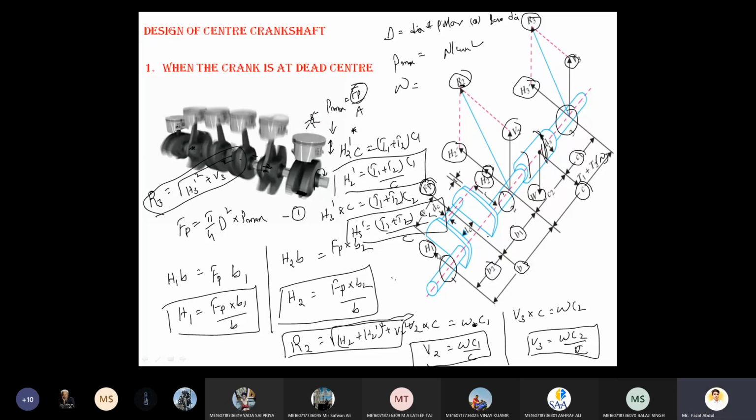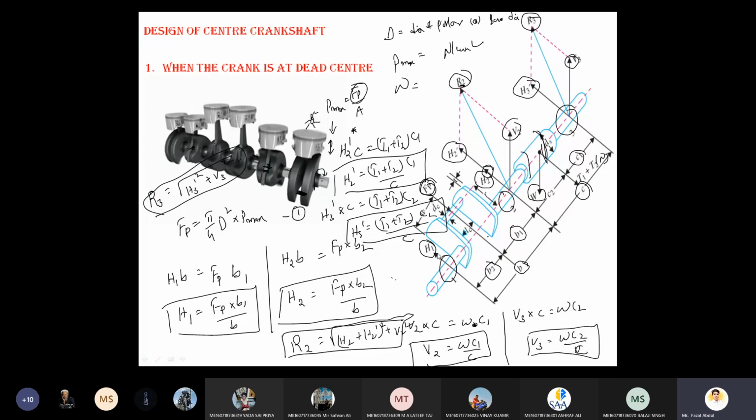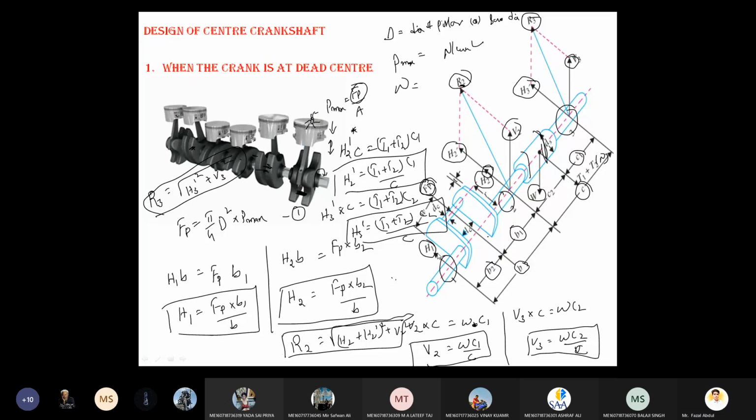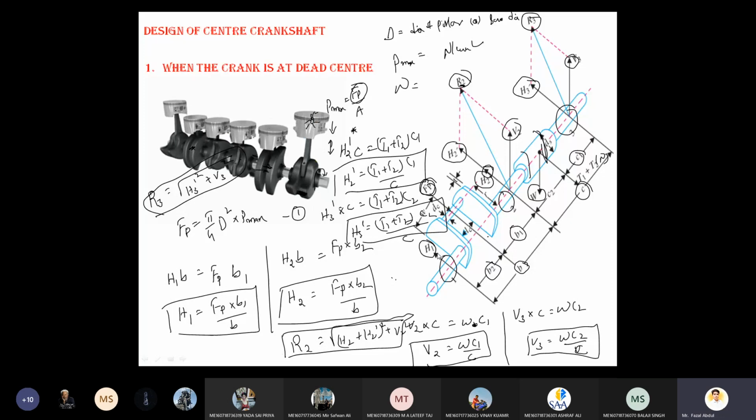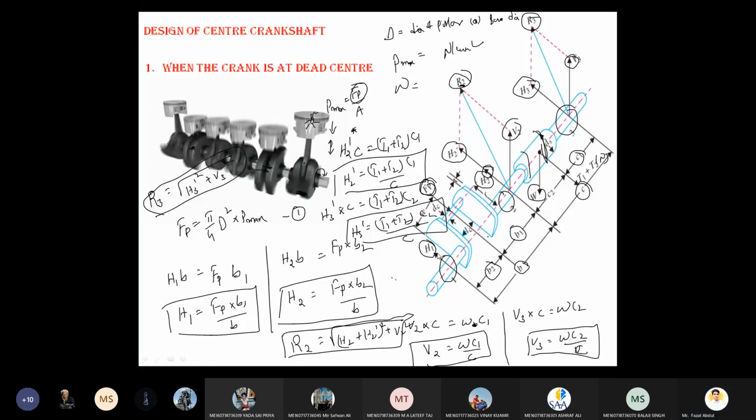And due to the flywheel weight, V2 and V3 we calculated, and due to the belt tension, H2 dash and H3 dash we calculated. Now finally, what is the purpose of calculating all these things? To calculate the resultant reaction at bearing 2 and the resultant reaction at bearing 3.